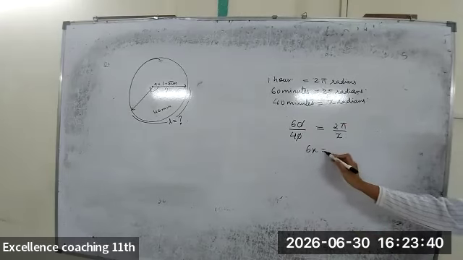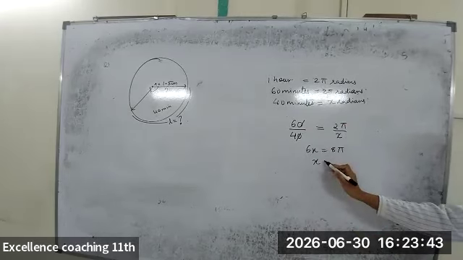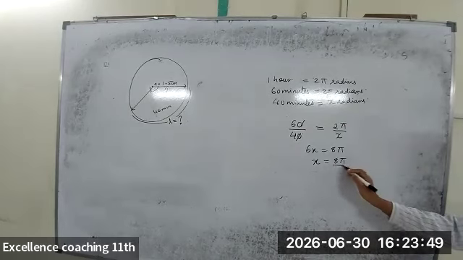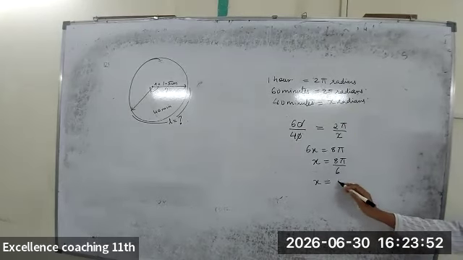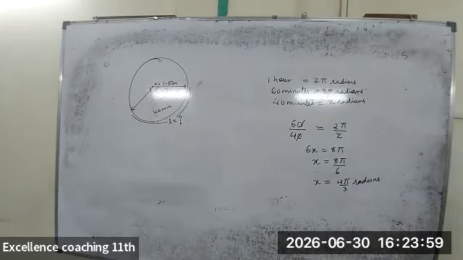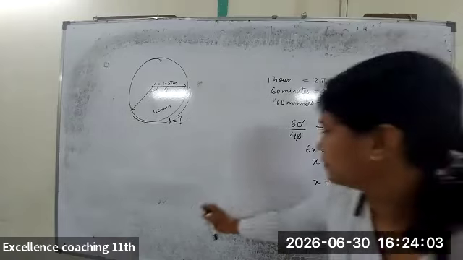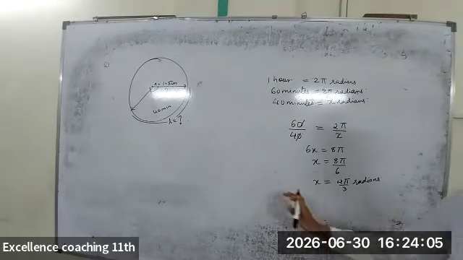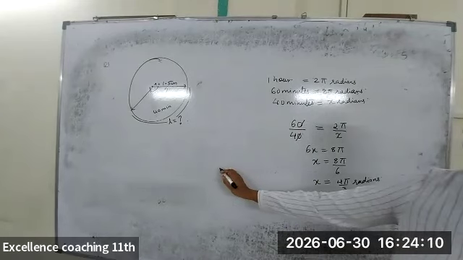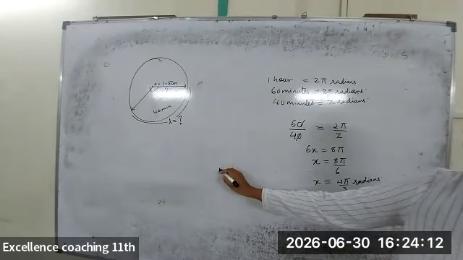So 6x will be 8 pi. If you all have done this in the college, then you could check the answer. This should be the answer, I think. Otherwise, I'll check it on the app.